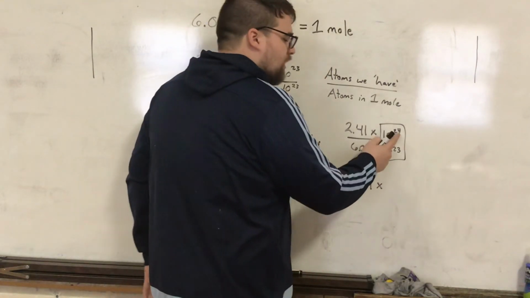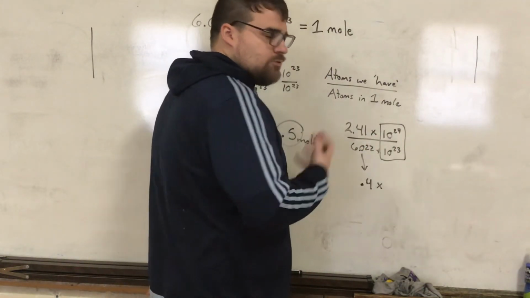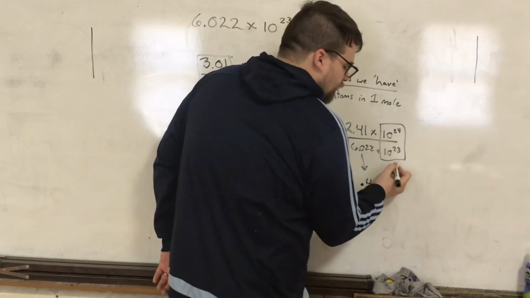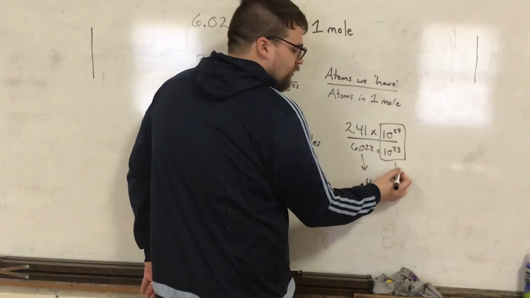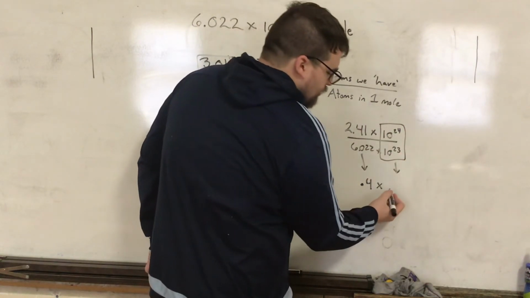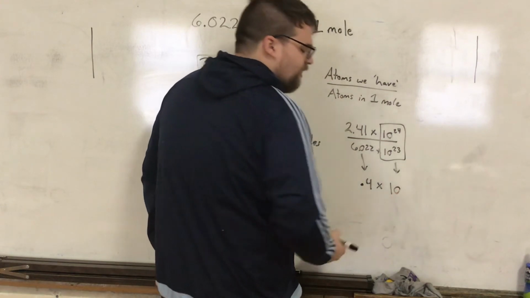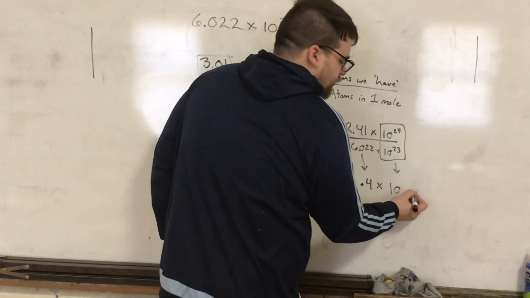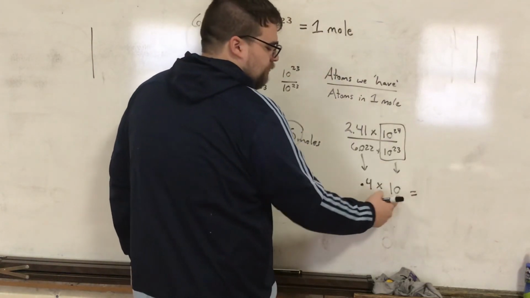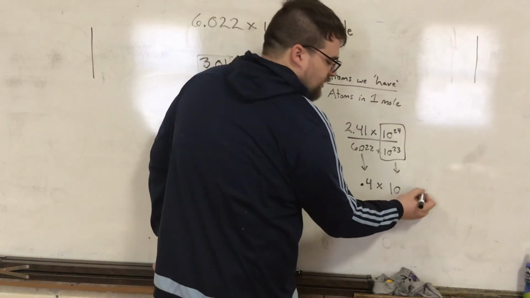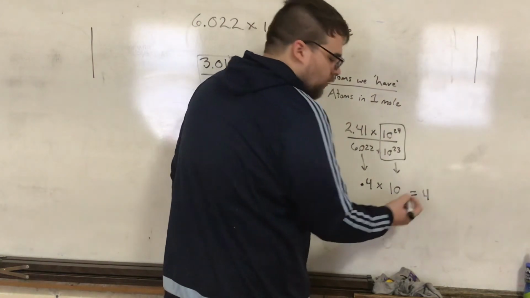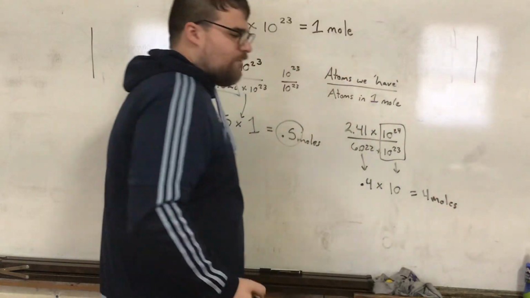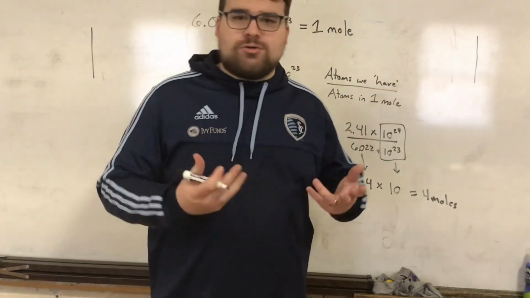So 24 minus 23 is 1, and that 1 remains in the numerator with the 10 up top. So we would get 10 to the first, or just 10. After dividing each of these, we multiply them. 0.4 times 10 gives us 4. And it tells us we would have exactly 4 moles of glucose.